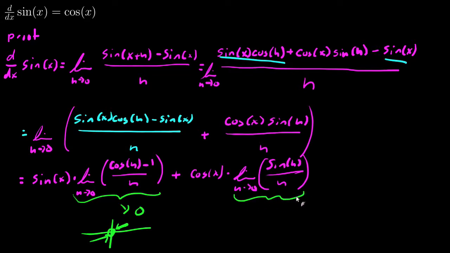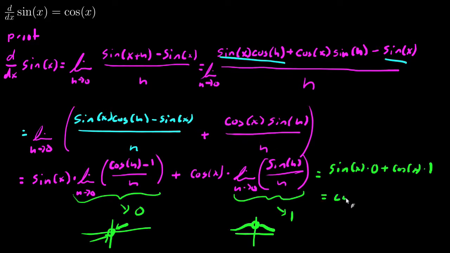This right here approaches 1, and if I were to graph that, I would see from left and right it's approaching 1. And so I get sine of x times 0 plus cosine x times 1, which just equals cosine x.